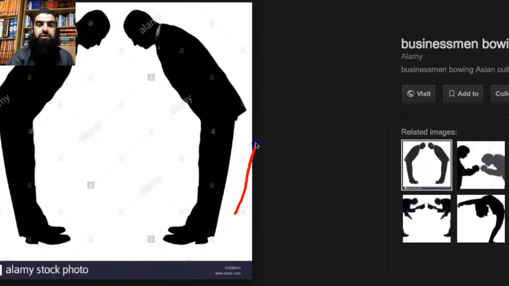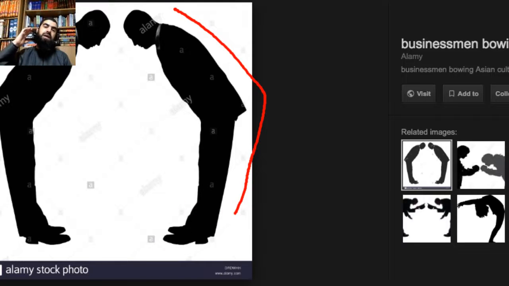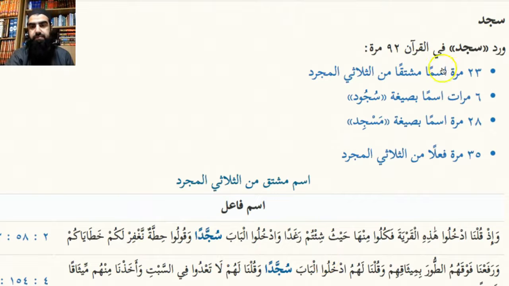So these two guys here, you can see this guy has a bent back, or a lowered back, or lowered head. This action is known as sajada as well. So in the Quran, how many times does this come, guys? It comes 92 times in the Quran.